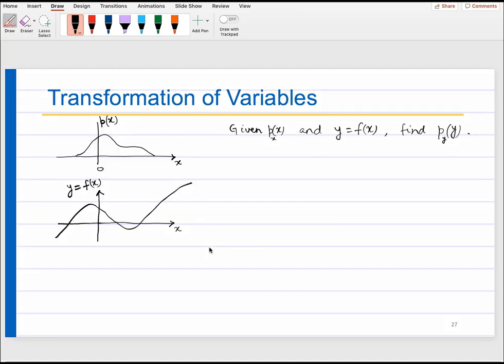So there is a more principled way to do this. You know P of x, that is some distribution. You have y as a function of x. This function could be anything, right? Now I want to find, given P of x and the function y equal to f(x), find P of y.